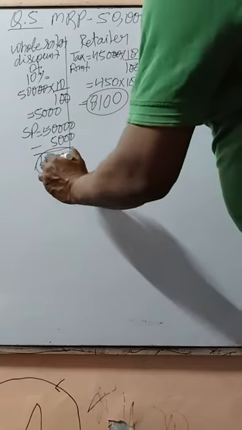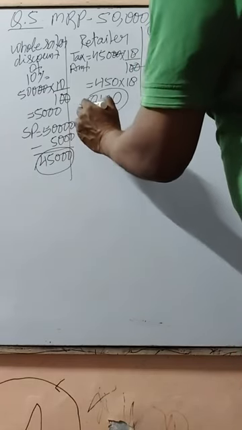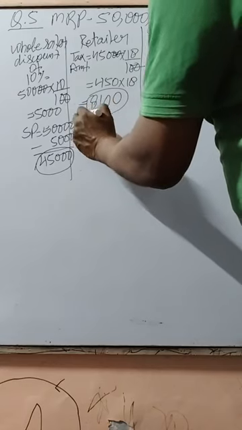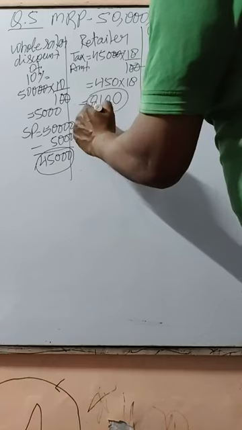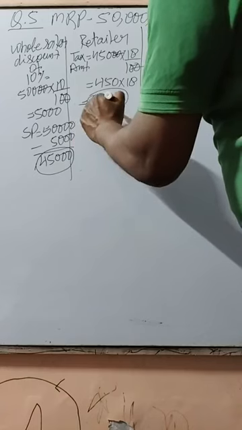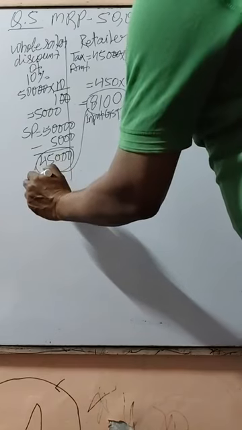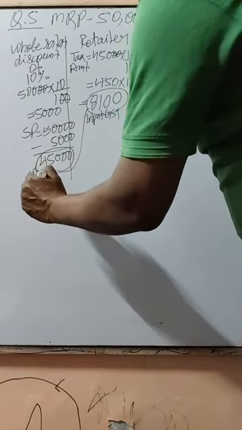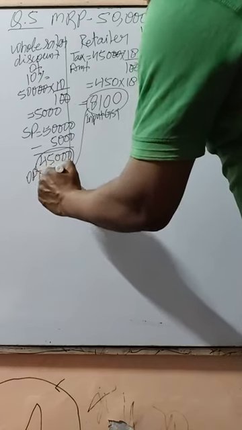So total paid by this is input GST. Input GST, and for him it is output GST, output tax. That is 8,100.